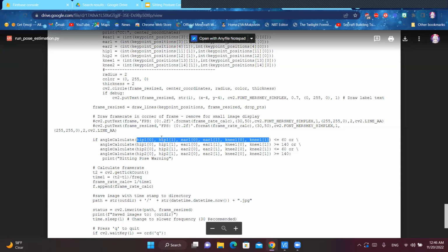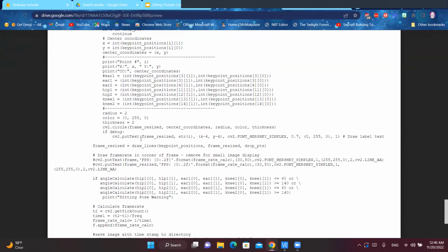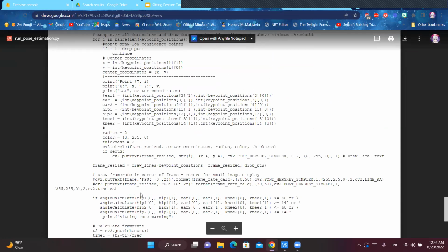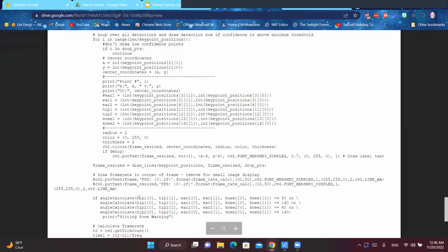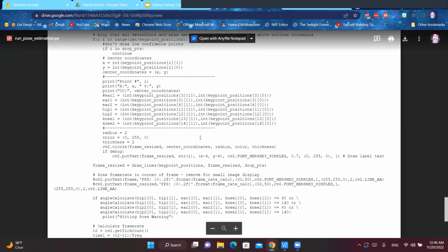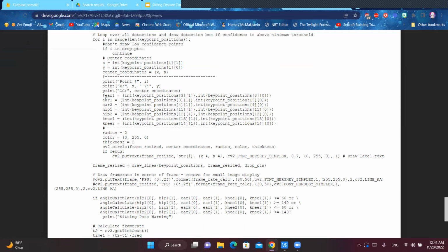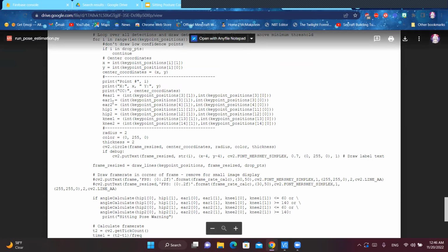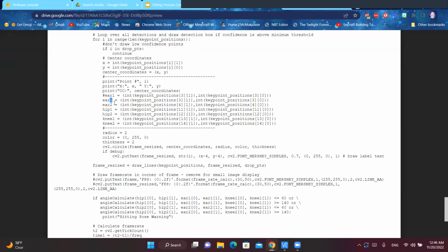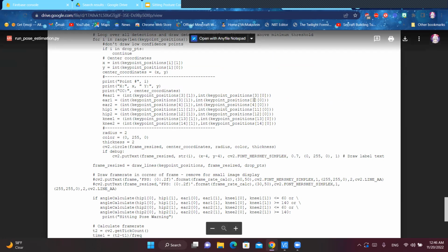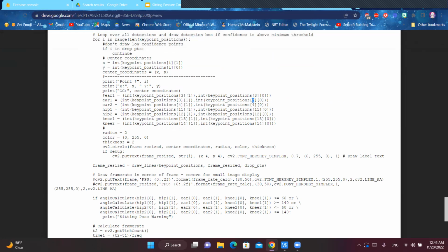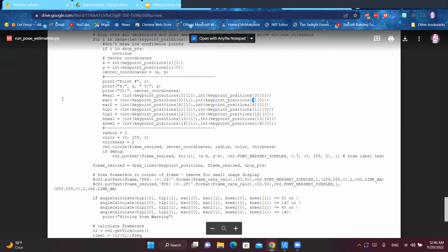of the point. Hip one is basically, I just named it hip. Ear one means left, and two means on the right. So this 3 over here means point 3, which will be the shoulder.